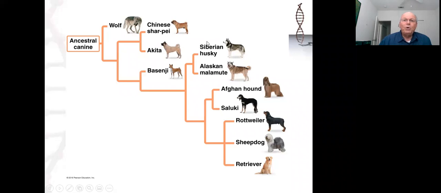Then we have more dogs that have an Asian association, Middle Eastern association, and then dogs that we associate more with Europe as later products of man's breeding of the dogs to give rise to it. This is one family tree for dogs. It's not necessarily the only family tree that we could draw for dogs, but this is one family tree for dogs.